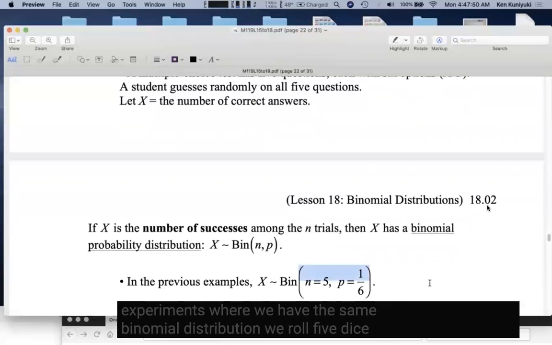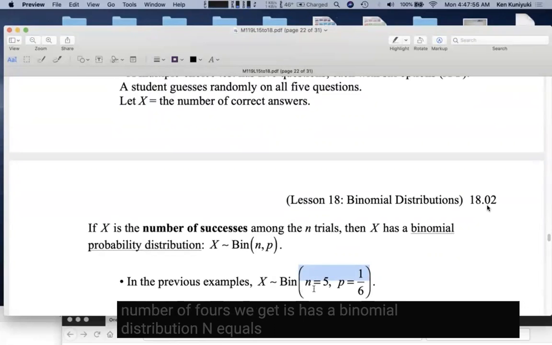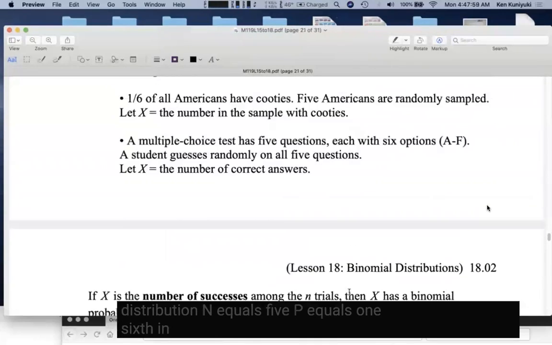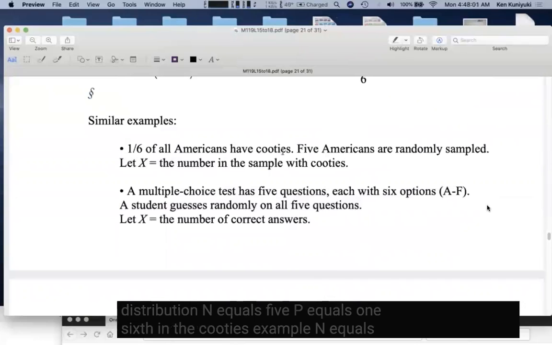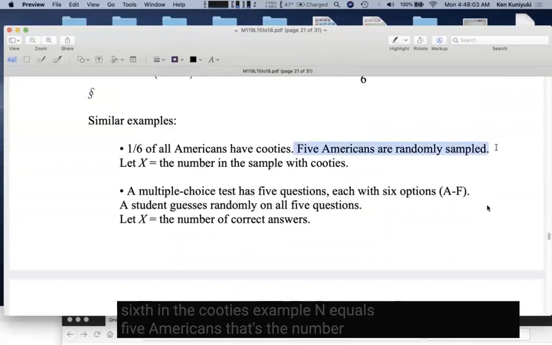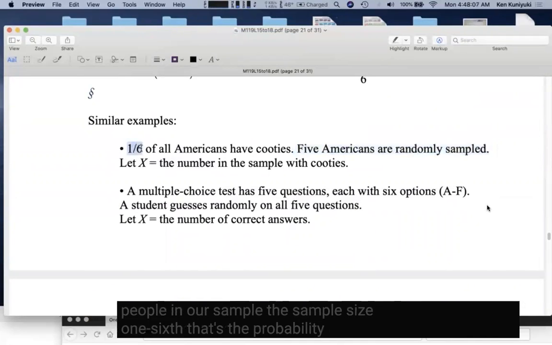We roll 5 dice and we count the number of 4s. X, the number of 4s we get, has a binomial distribution, N equals 5, P equals 1/6. In the cooties example, N equals 5 Americans, that's the number of people in our sample, the sample size. 1/6, that's the probability that any given American has cooties.